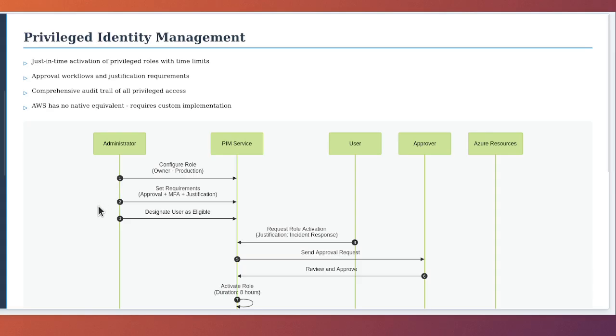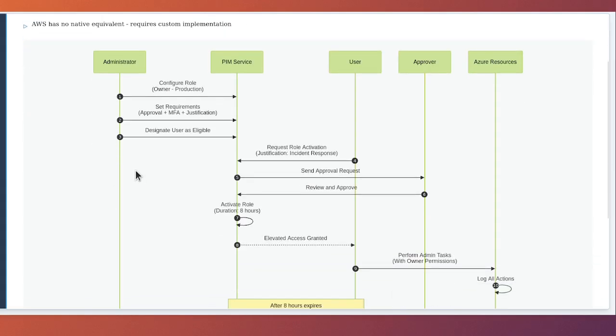Let's walk through the sequence diagram showing the PIM activation workflow. An administrator starts by configuring PIM for a role, such as the owner role on a production subscription. They designate which users are eligible for this role and set activation requirements.